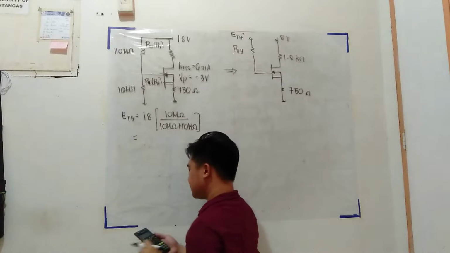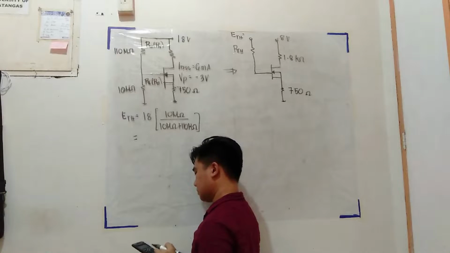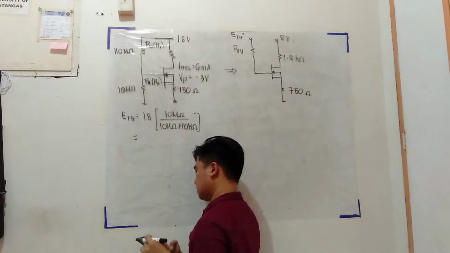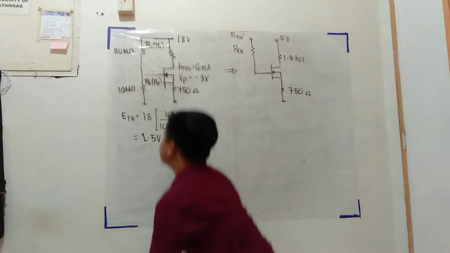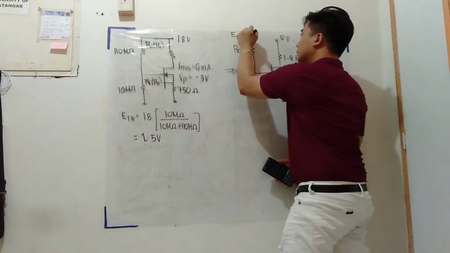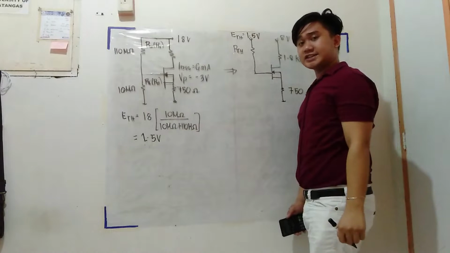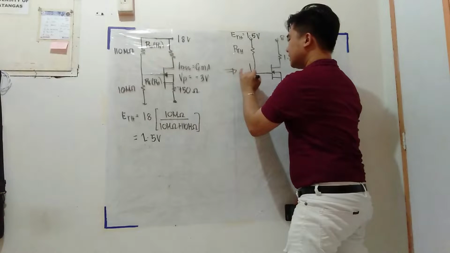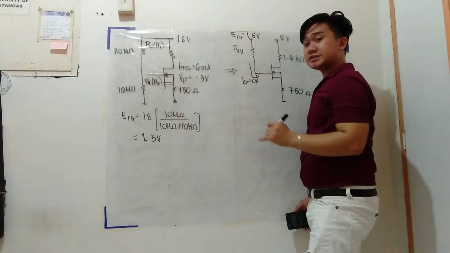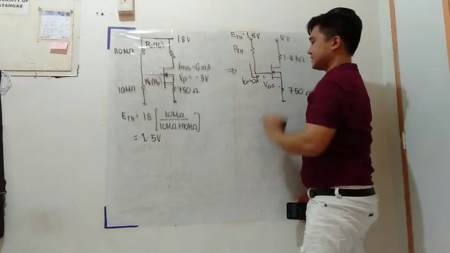Your ETH is equal to 1.5 volts. Again, hindi ko na po kukuhain si RTH kasi yung current na dumadaan dito na IG ay equal lang naman po sa 0 amperes. So, meron tayo ditong voltage na VGS.